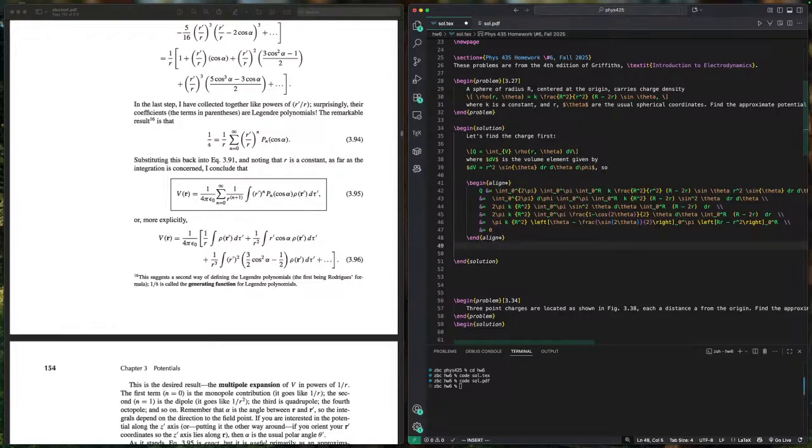And so now actually calculating the dipole moment becomes important. So now we want to use the formula in 396.